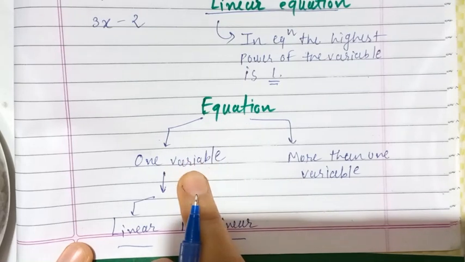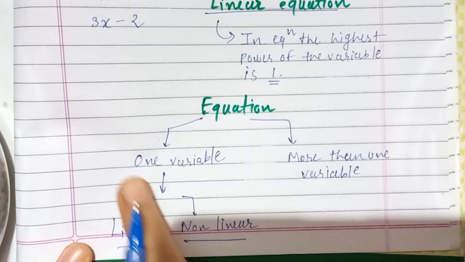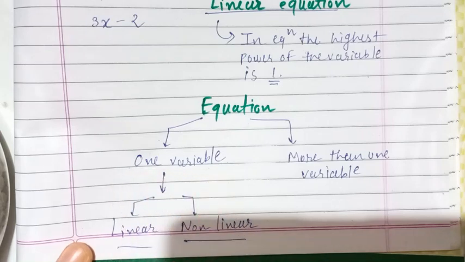Here in this equation, one type. The variable is x only, and the value of x is changing. So this is one variable. We will also learn the difference between type of variable, terms in equations, and coefficient in equations.